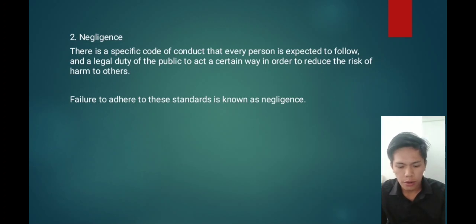Negligence is the fundamental legal basis for a personal injury claim, and it plays an essential role in determining whether an injury victim will be able to receive compensation and how much compensation they may receive.